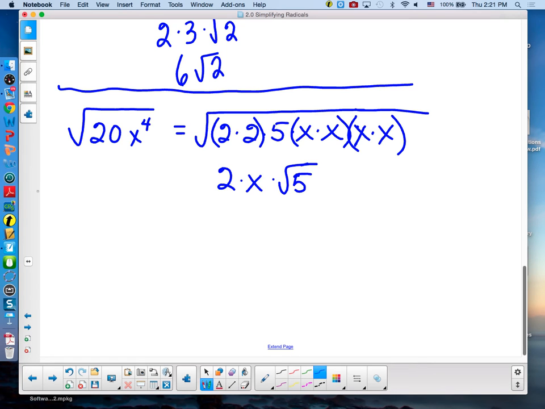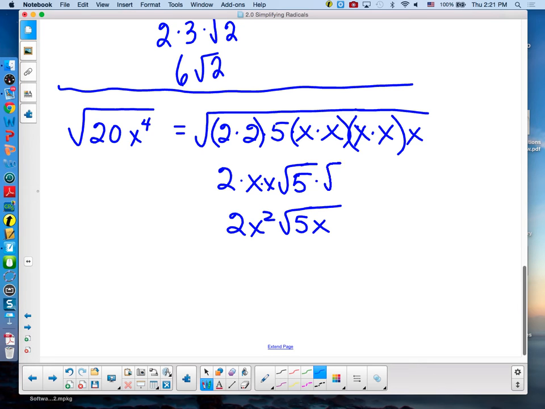Okay, back to the room there, please. Pay attention, please. Okay, so if we had another pair of x's, there's going to be another one here. So what's that going to simplify to? 2x squared times the square root of 5. If it's to the fifth, we're going to have another x in here, right?